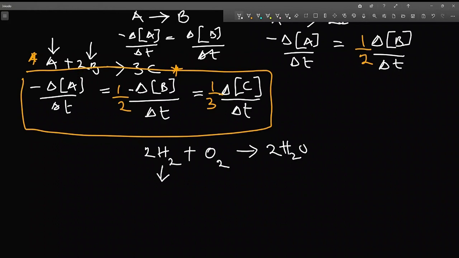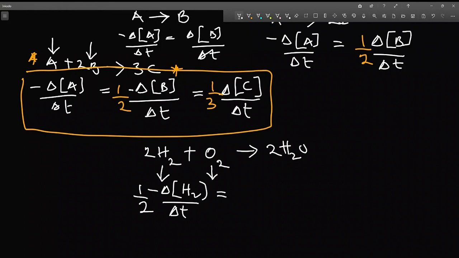The rate of disappearance of H2 should be minus change in concentration of H2 over change in time. Of course, it has a stoichiometric ratio of 2. So what do we add here? We add 1/2.